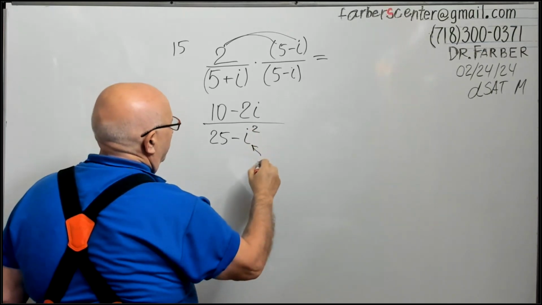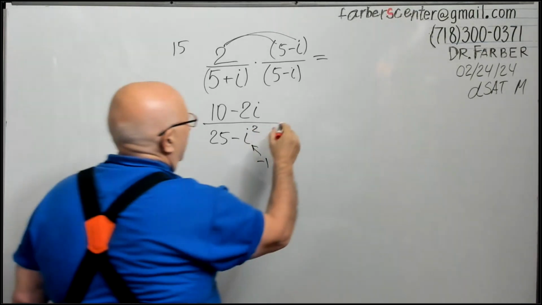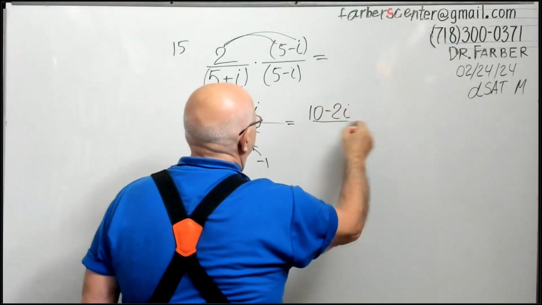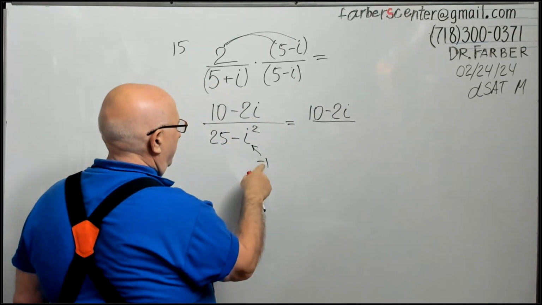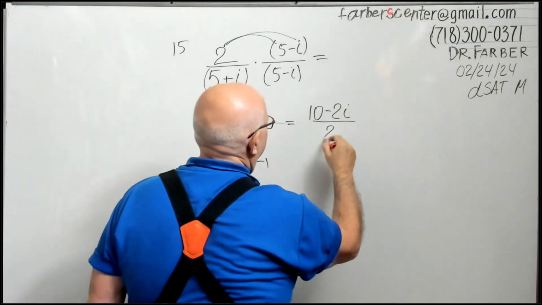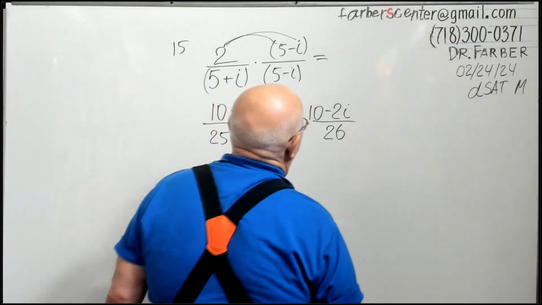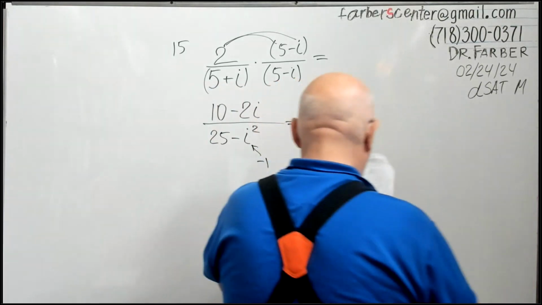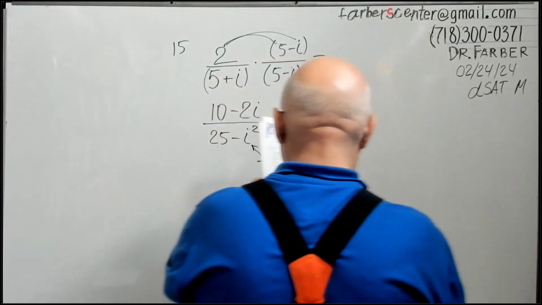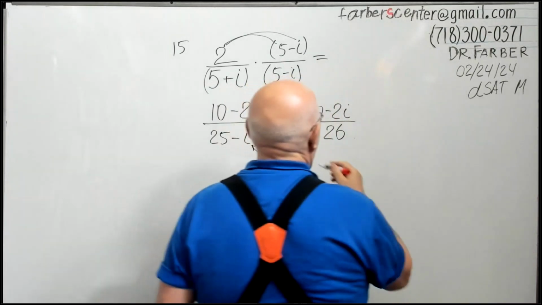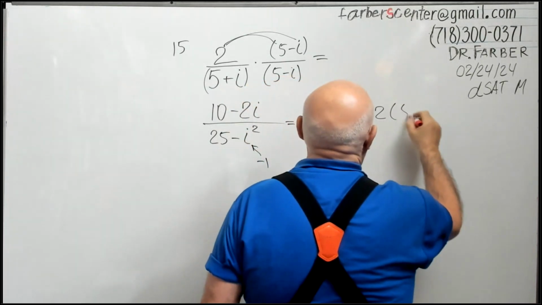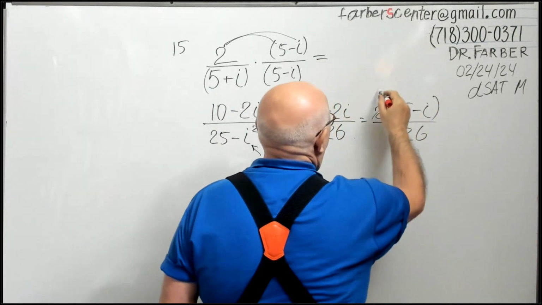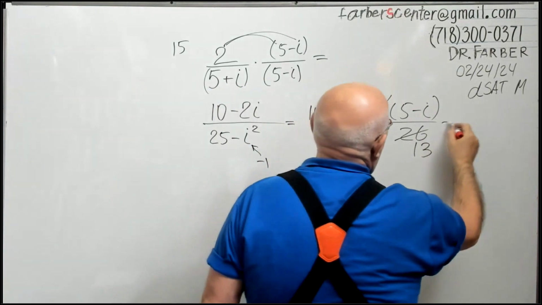But i squared equals -1, so you have 10 minus 2i over 26. You can simplify everything by 2. Which format did they provide here? If I divide everything by 2, it's 5 minus i divided by 13. This will be the answer.